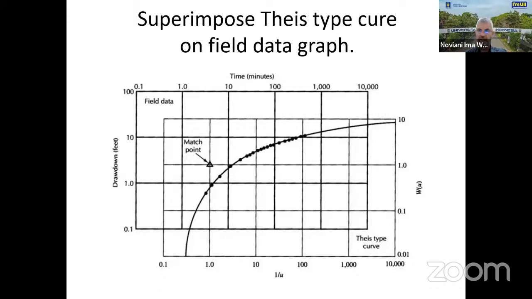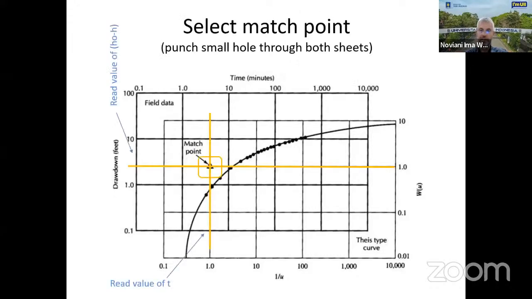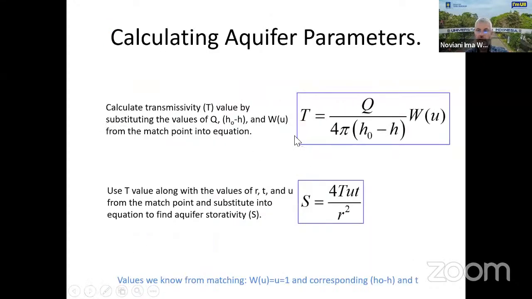All right, so there's a little bit of graphing and a little bit of overlaying involved, but bottom line is you pick any point, it doesn't really matter, and make this your matching point. That means the corresponding data of drawdown and time as well as the corresponding 1 over u and W(u) can be extracted from this graph, and then in the next step used to calculate transmissivity and storativity.